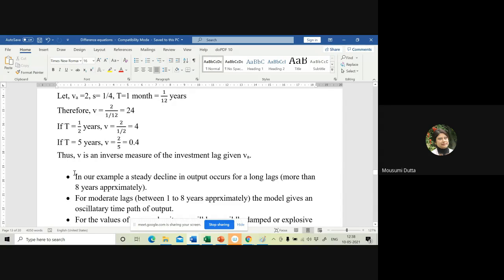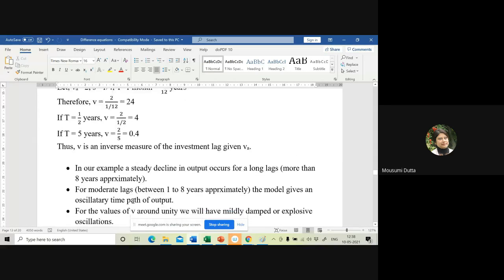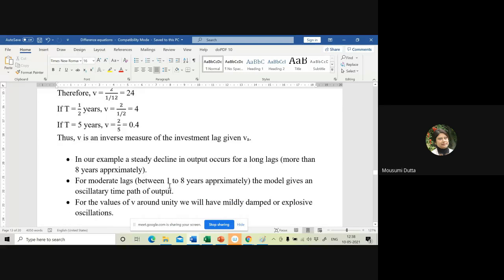Okay, if I consider a convergent kind of thing, a steady decline in output occurs for long lags. For moderate lags, moderate lags meaning 1 to 8 years, the model gives an oscillatory time path of output.